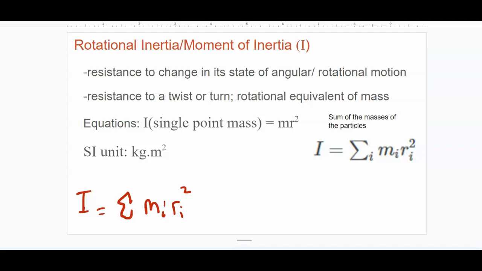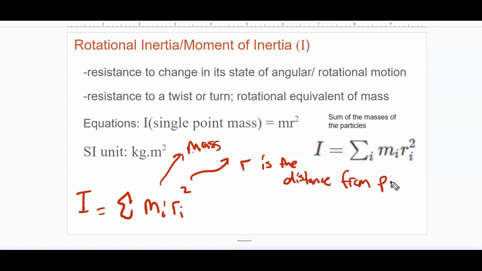For each piece, you multiply the mass times r squared, where r is the distance from the pivot point, which we've seen before because when we calculate torque, we have rF sine theta. So r represents the distance from the pivot point, and you do m times r squared for however many masses you have in this situation.